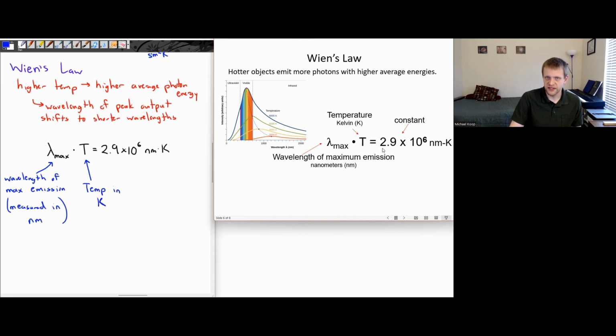And the overall idea is this. If I take this equation and I increase the temperature, let's say I make this temperature larger. If this wavelength of max emission times the temperature must always equal a constant value, then if I increase the temperature, in order to keep both sides of this equation balanced, that wavelength of maximum emission must get smaller. Again, at higher temperatures, that wavelength of maximum emission is going to shift to shorter and shorter wavelengths.